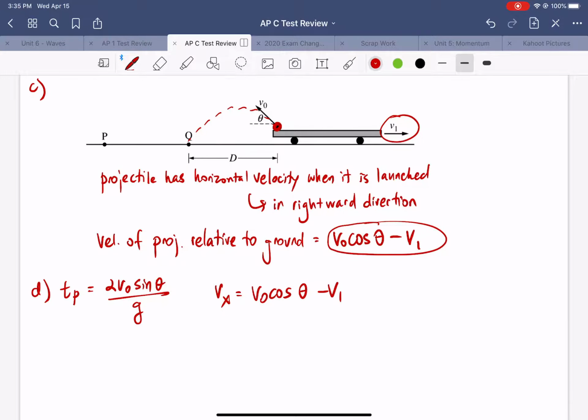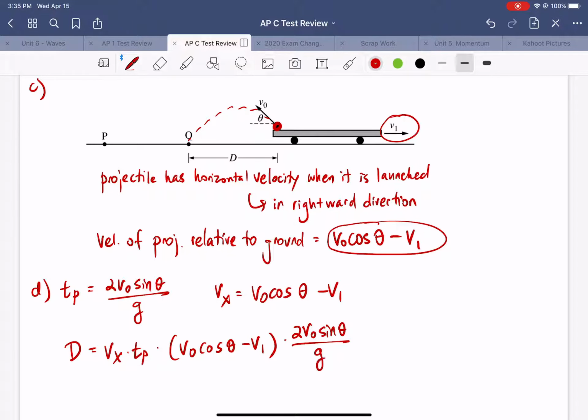So the motion in the horizontal direction is simply given by the horizontal velocity multiplied by the time. So d is equal to v0 cosine theta minus v1 times 2 v0 sine theta over g.